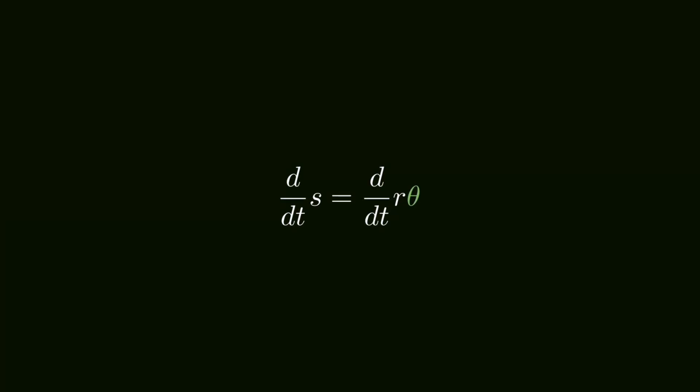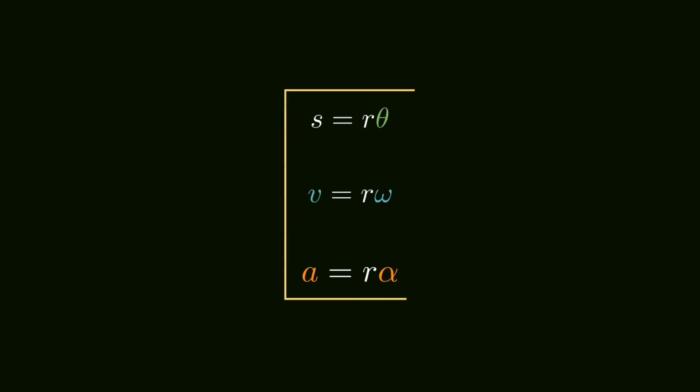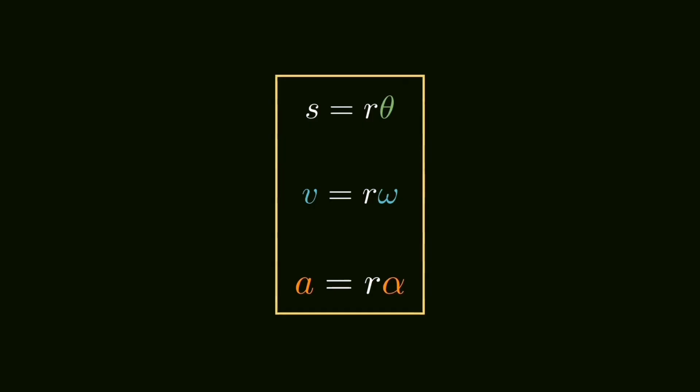If we take the derivative of both sides with respect to time and treat the radius as a constant, we find that the linear velocity v equals radius times angular velocity omega. Take one more derivative and linear acceleration a equals radius times angular acceleration alpha. This proves our new variables are grounded in exact physical reality.